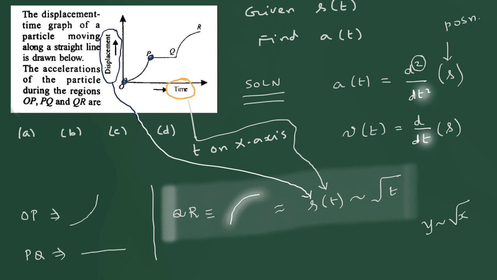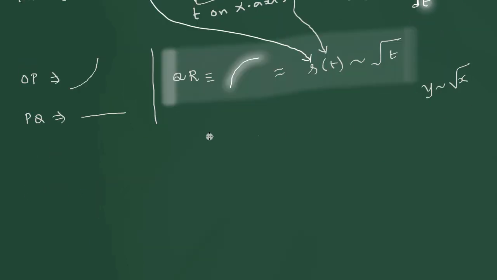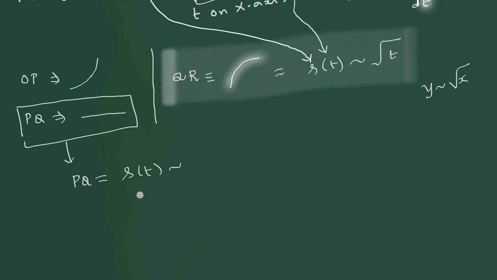Now similarly, what is the behavior of the curve in the other two regions? What about the region PQ? PQ is much more simple. It's a straight line behavior. So I'll write down that in the region PQ, S of t behaves like mx plus c. And remember that this is a horizontal straight line.